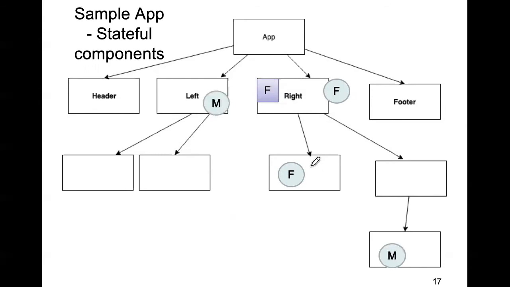Moving on to the movie selection. When the user clicks a movie, well, the particular component that displays the movie name needs to know that it has been clicked, maybe because it changes its background color to highlight that it has been selected.